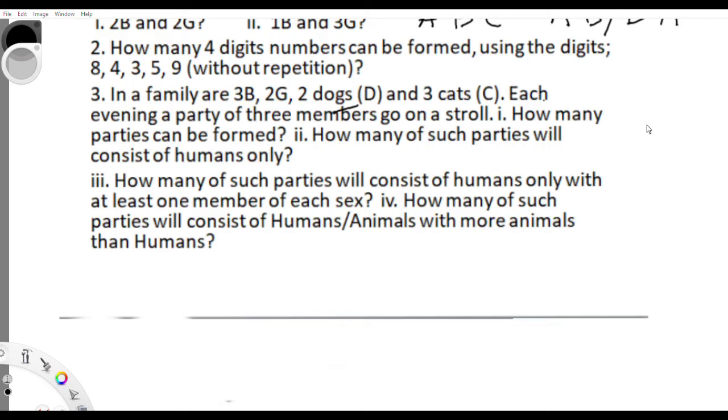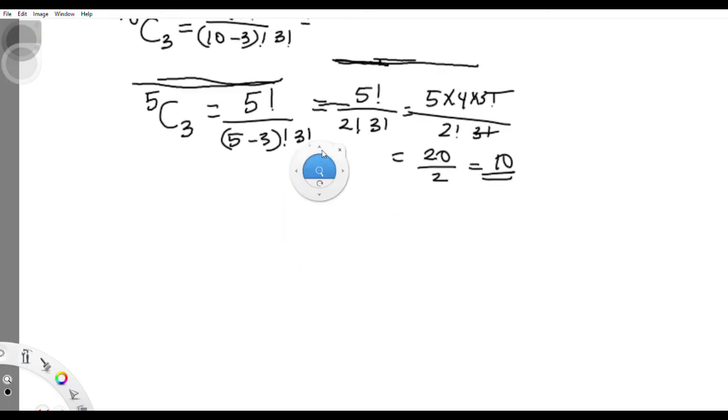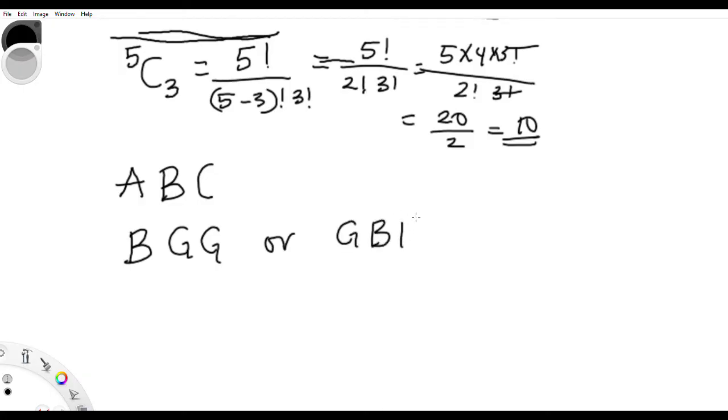Let me hide. This is what the question is really trying to say. Now we are forming a party of 3, A, B, C. Now it should contain at least one member of each sex. So that means in the first one we want a boy, then girl, or it should be girl, boy.